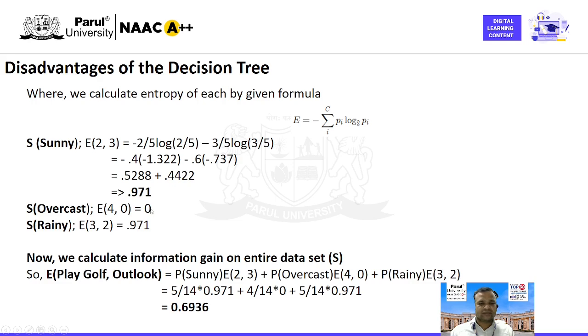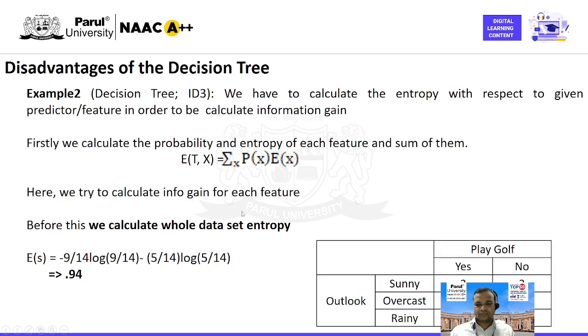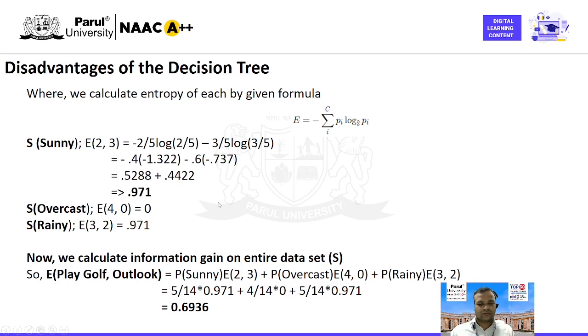So minus 4 upon 4 log base 2 of 4 upon 4. That is 1, minus 0, so that will be 0. And 0 log base 2 of 0 is calculated, and you will get the answer 0.